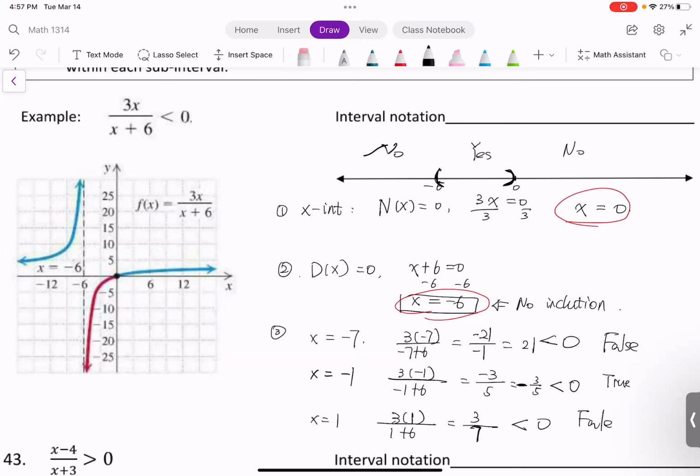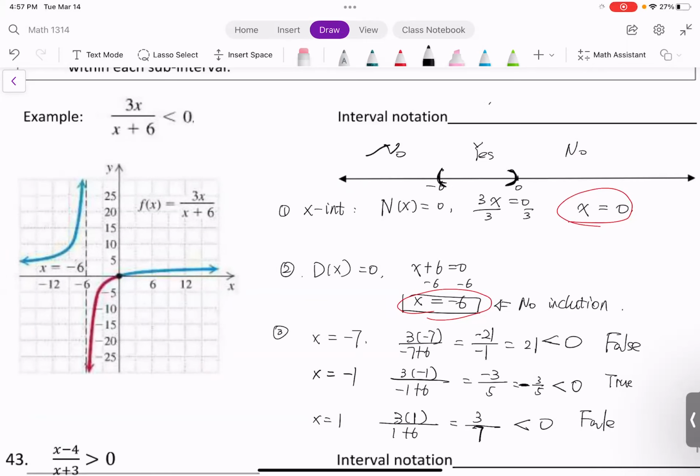We can highlight -6 and 0. The answer is (-6, 0). If you're good at drawing, because we have learned in 3.5 how to draw the graph of a rational function, you can also graph it.